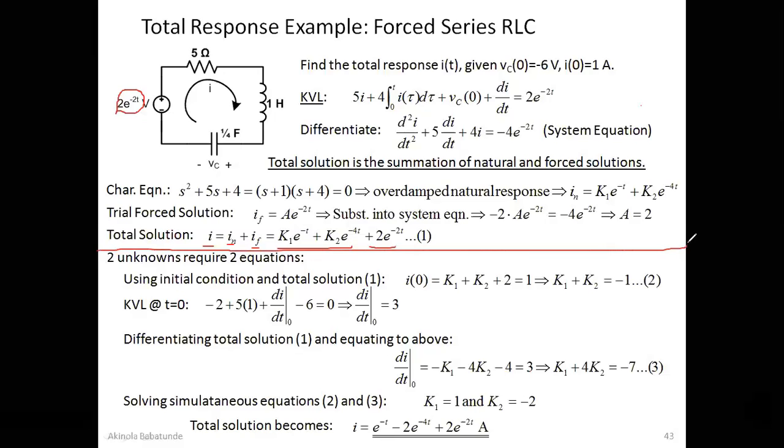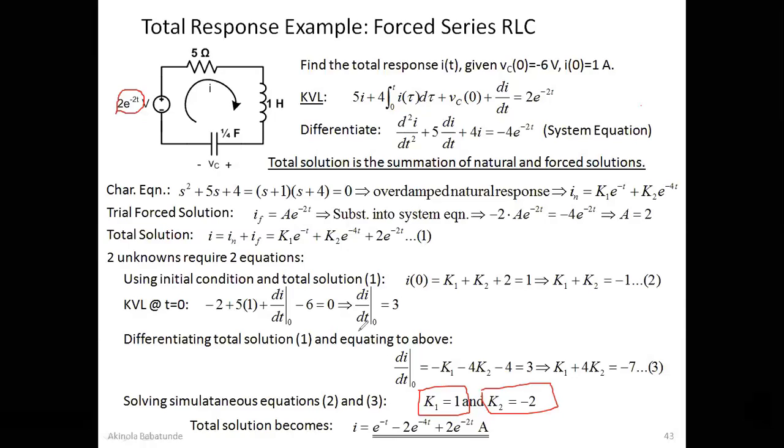Okay, but in this case, we will not stop here. Why? Because we have been given initial conditions. So when you have initial conditions, you want to go ahead and find the value of k1 and the value of k2. You can only do that by applying the initial conditions. When you do that, you will find out that your k1 is equal to 1, and then your k2 will be equal to minus 2.